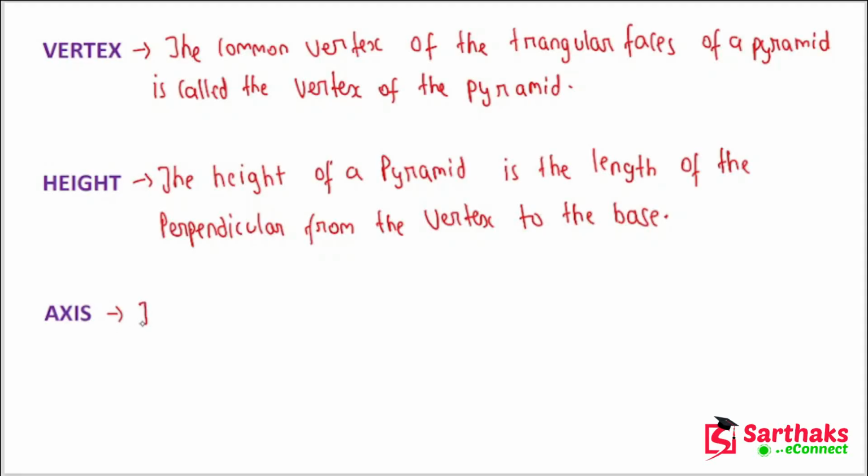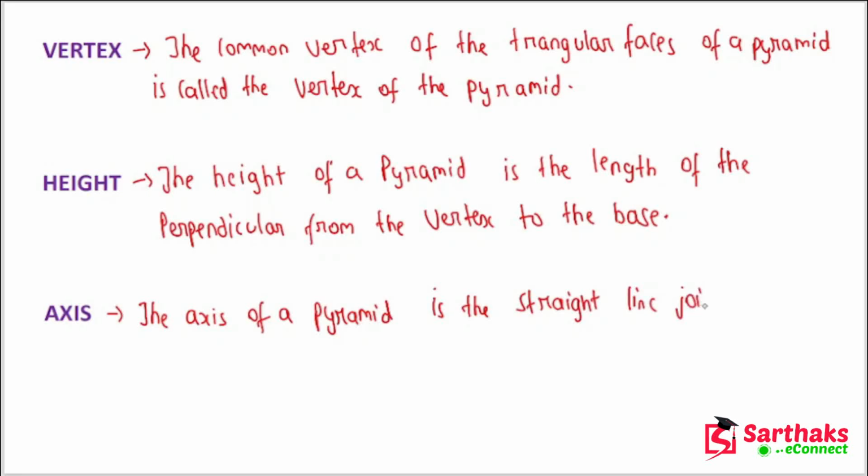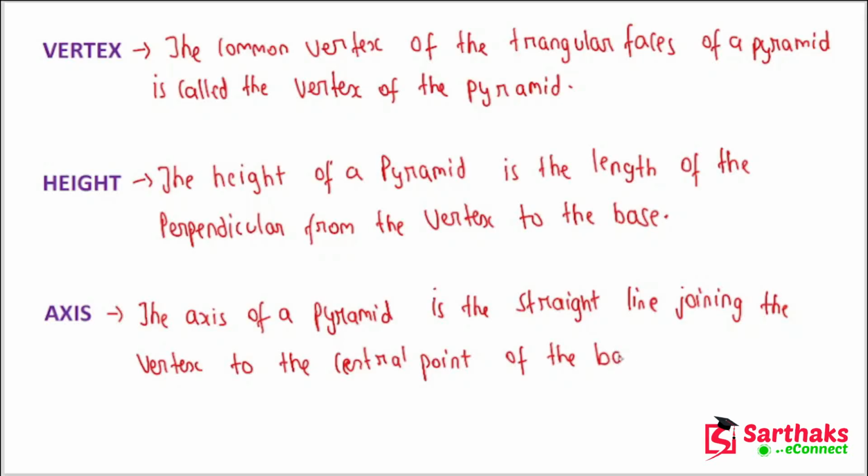So what is the axis? The axis of a pyramid is the straight line joining the vertex to the central point, or you can say center of the base, right?